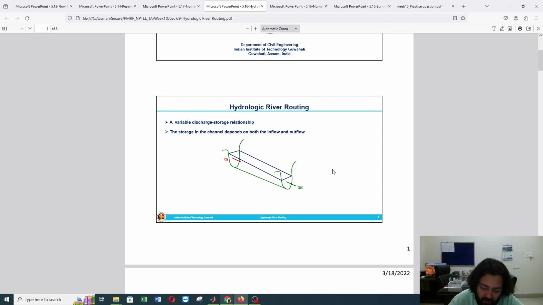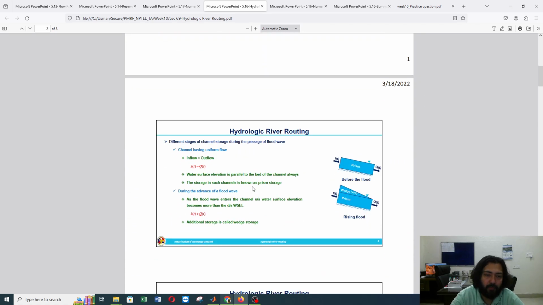And this can be studied in various operations. It can be used for flood forecasting operation, for flood protection works, etc. Here the storage in the channel depends on both the inflow and outflow, whereas in reservoir routing it depends only on the outflow. So here the storage is a function of both inflow as well as outflow.